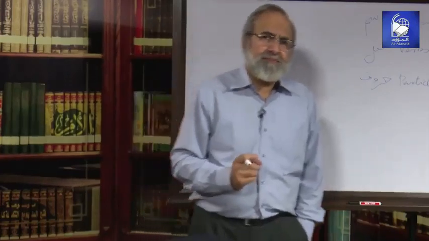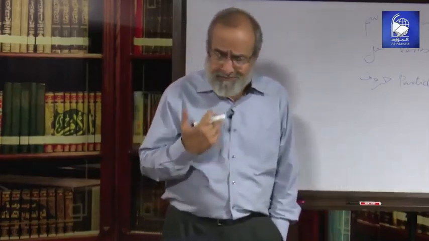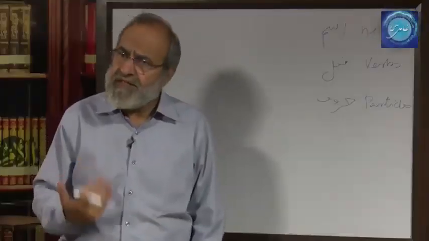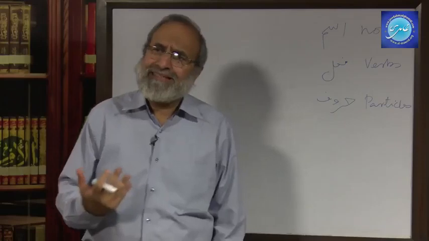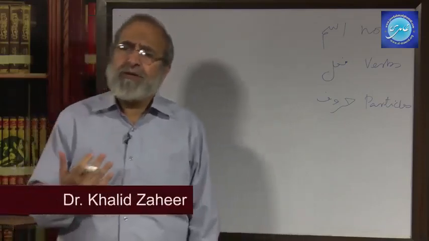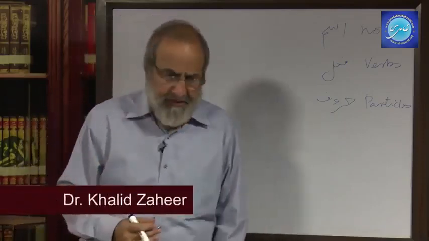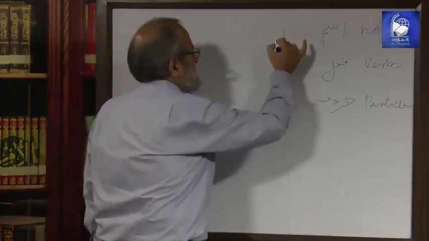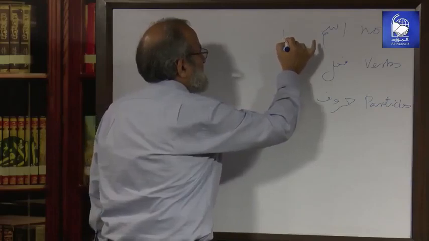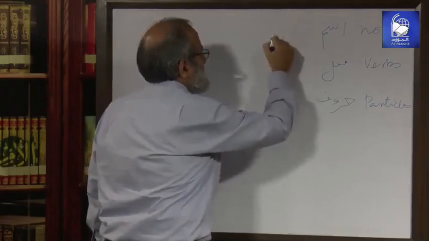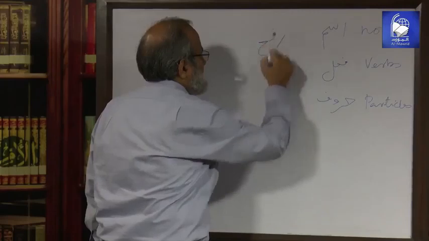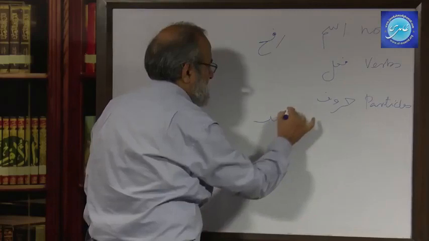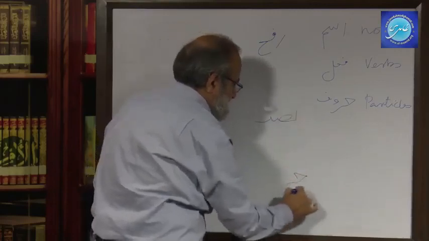When we discuss nouns, we've started the understanding of I'rab, and we have understood the fact that I'rab takes three forms. There are three categories, three cases. We've already discussed the case of Rafa, and what is left is Nasab and Jar.